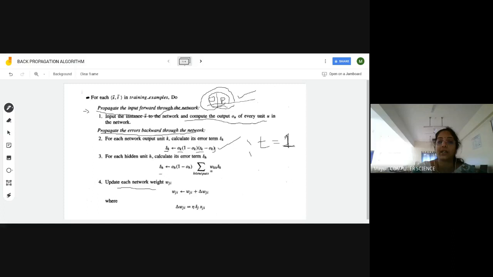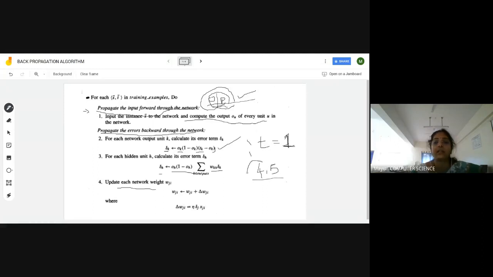Suppose you have two hidden layers, then you have to sum this multiplication over each layer. So what is the hidden layer error calculation? Oh into 1 minus Oh. The units at the hidden layer are 4 and then 5.